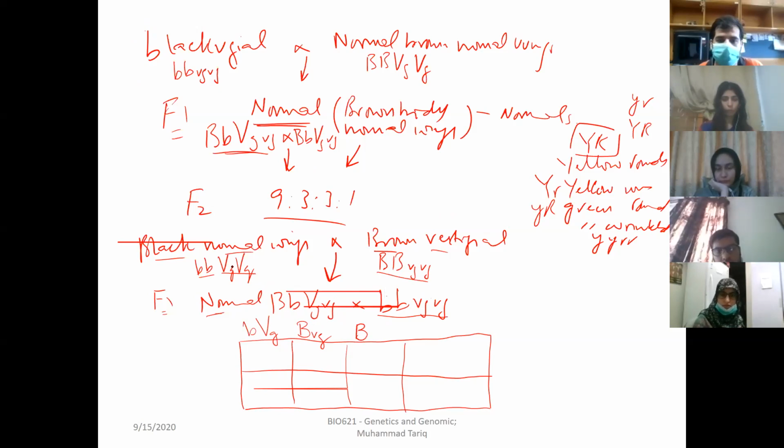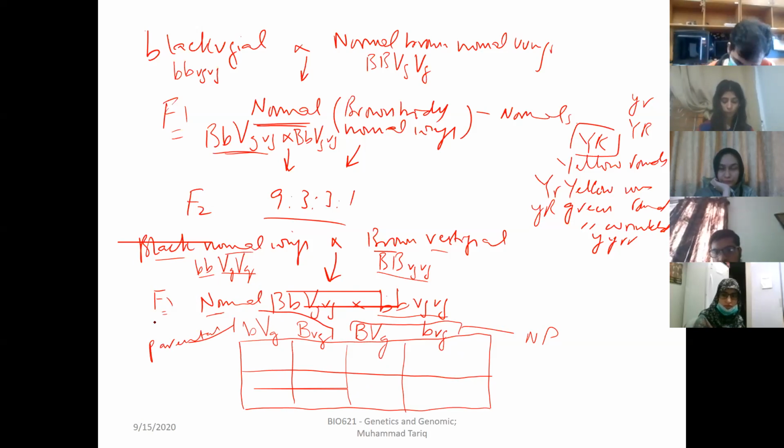Capital B with capital VG, and the other non-parental will be B with small vg. So I write down, these two are non-parentals and these two are parentals.